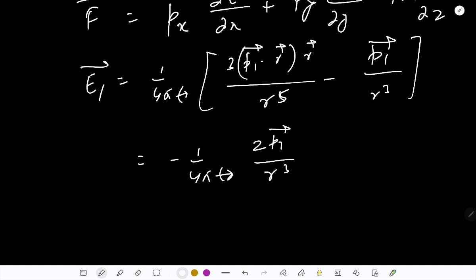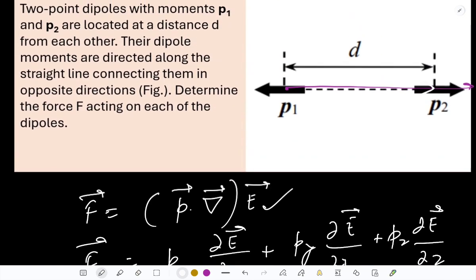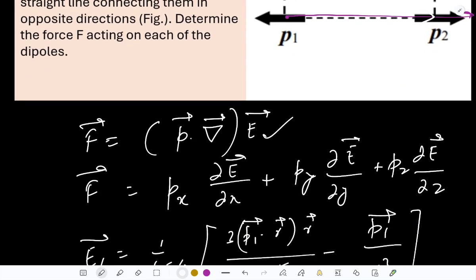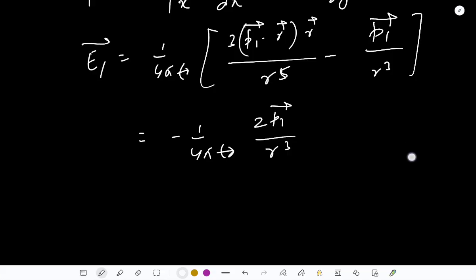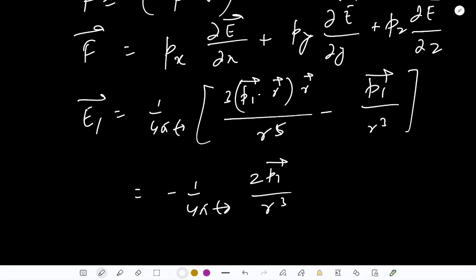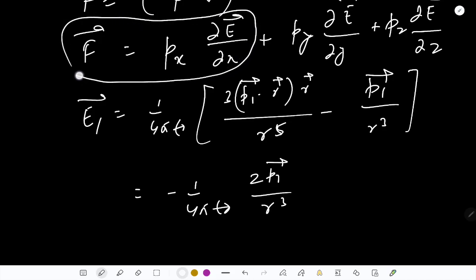And now, since the dipole moment P2 has only a Px component, Py and Pz are missing, as you can see in the picture, and r is equal to d, we can use only this part of the expression of the force.